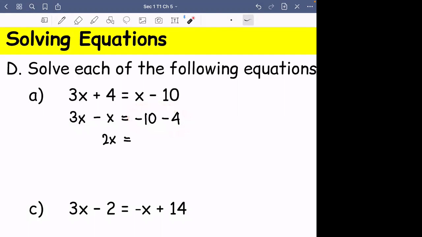That's equal to negative 14. We are left with 2x, so how do we get rid of 2? Divide both sides by 2. So what is x? x is negative 7. That's your answer for letter A.